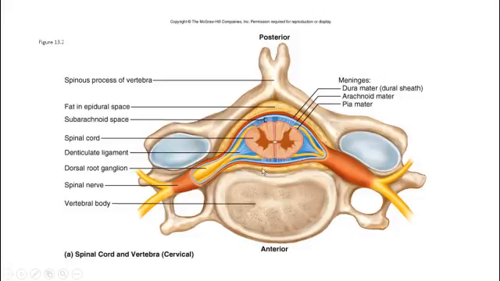So the spinal cord runs within the central canal or the spinal canal of the vertebra. And then, as I mentioned, at each vertebral level you have one spinal nerve that comes out, and that's what you're seeing here, this spinal nerve. So let's just say this is C5.